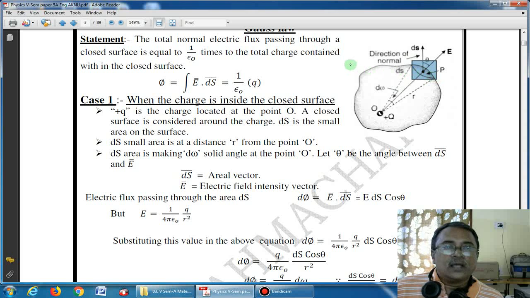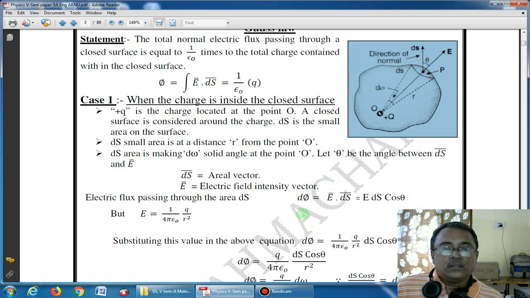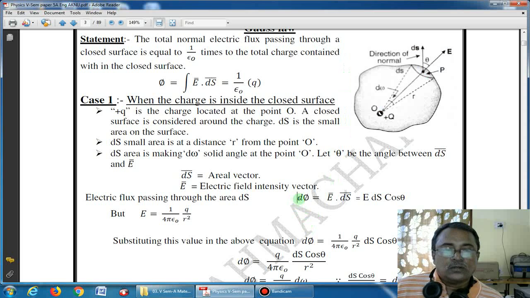In the earlier class, I told you that the flux d phi passing through small area ds is equal to E bar dot ds bar, where E bar is the electric field vector and ds bar is the areal vector for that small area.